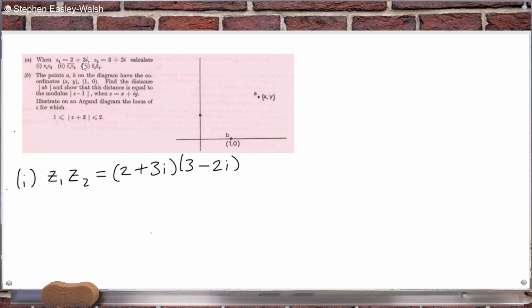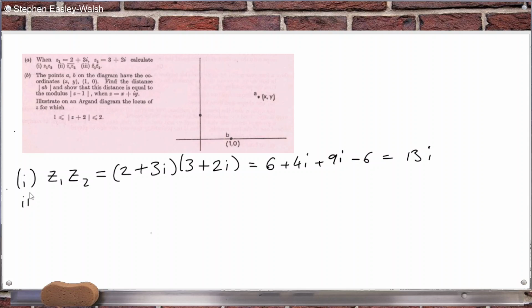Oh, sorry, 2 plus 3i and 3 plus 2i. Okay, so that's going to be 6 plus 4i plus 9i minus 6, which interestingly is 13i.